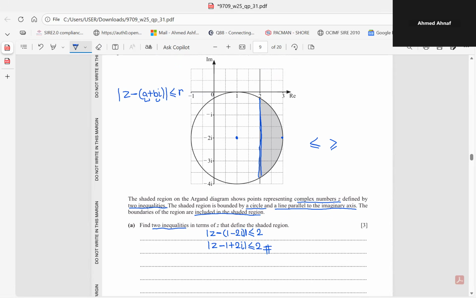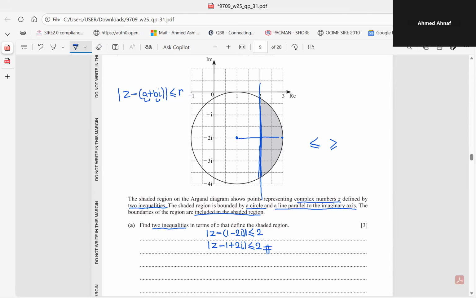Now, obviously there's a second one, because if it's just this first inequality, the whole inside of the circle would be shaded. The other inequality would be related to this vertical line. This vertical line is only affecting this axis.